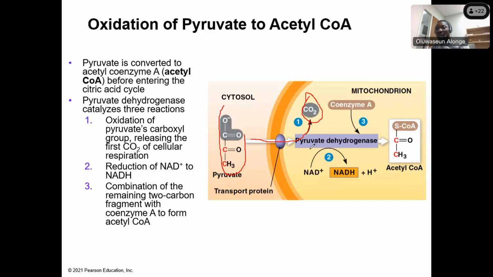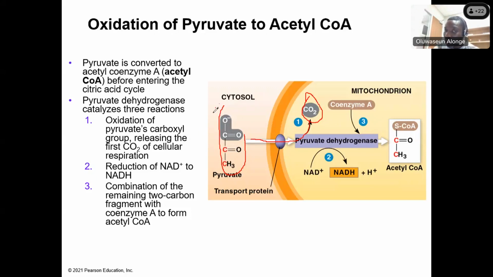Now, pyruvate dehydrogenase is going to act on the substrate, and then coenzyme A does this. The purpose of coenzyme A is simply to join. Now we have lost one carbon dioxide, and that means one carbon has been removed from here. When the carbon is removed, we now have 2 carbons left.